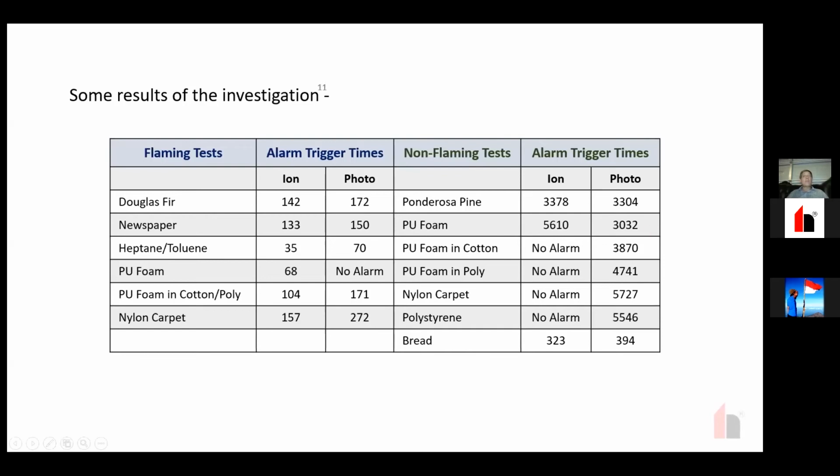So if this room becomes untenable at 2,148 seconds, and the alarm doesn't go off until 3,000 seconds, anyone in that room is going to be overcome by smoke and fumes and gases, and they're not going to make it out. So even though this detector did alarm, it's alarming far too slow.